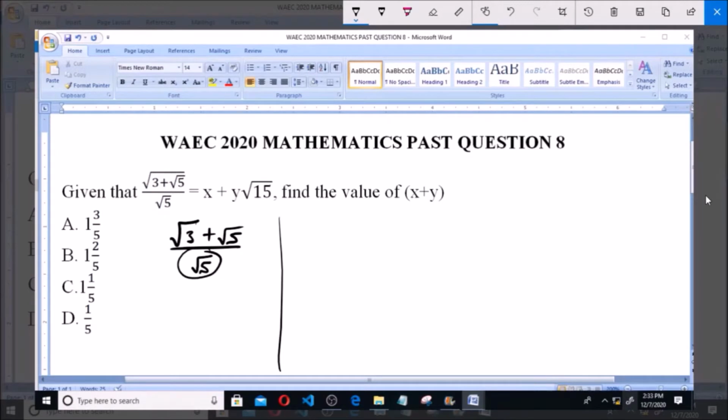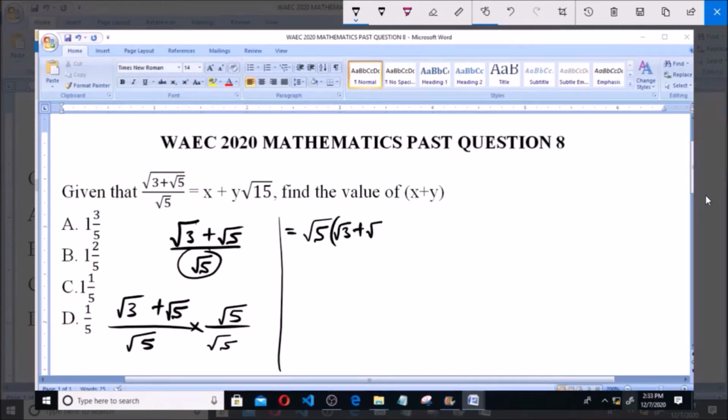So therefore, rationalizing it, we have root 3 plus root 5 all over root 5 multiplied by root 5 over root 5. Now this is equal to root 5 into root 3 plus root 5, all over root 5 times 5.